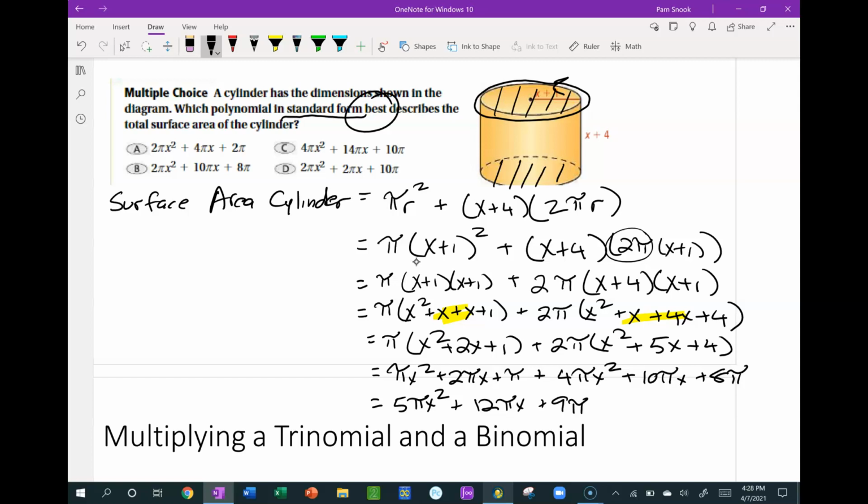Well, the closest one is C. I have a 5 pi x squared. It comes closest with 4 pi x squared. And then I have a 12 pi x, and the 14 pi x is close to that. And I have the 9 pi, and the 10 pi is close to that. So while I don't have one that matches, C is what comes the closest.